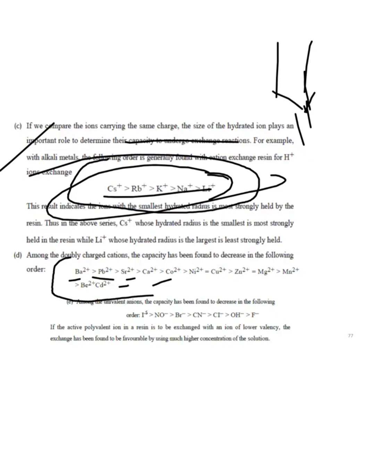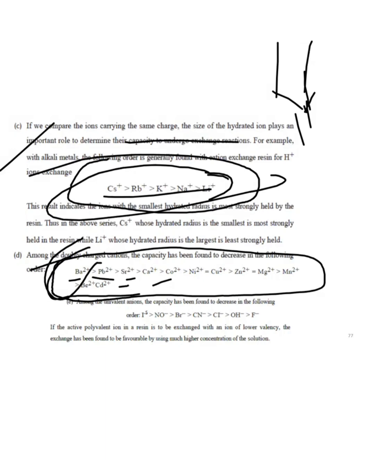In this order the ion exchange takes place: first barium and lead, cerium, calcium, cobalt, nickel, and further copper, zinc, magnesium, manganese, and cadmium. In this series, the ion exchange takes place depending on the size and the charges present in the cation.